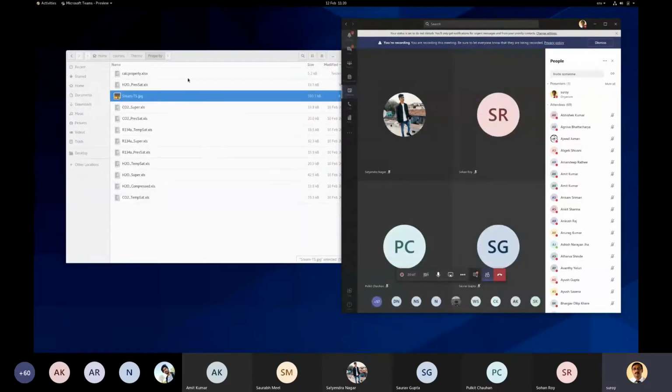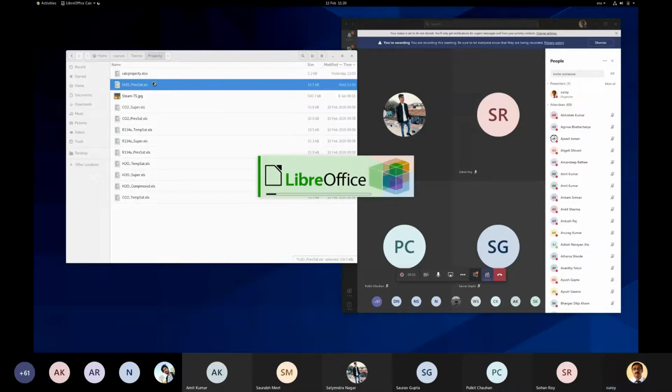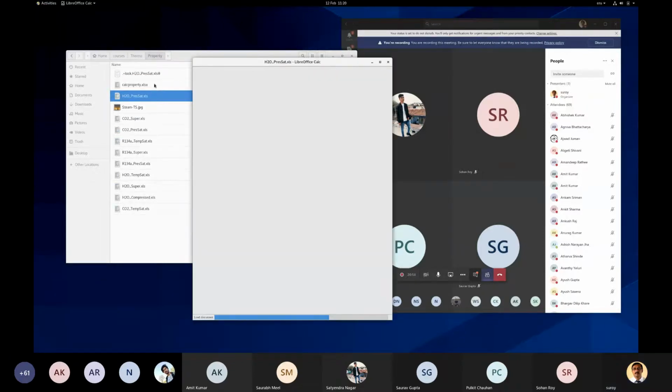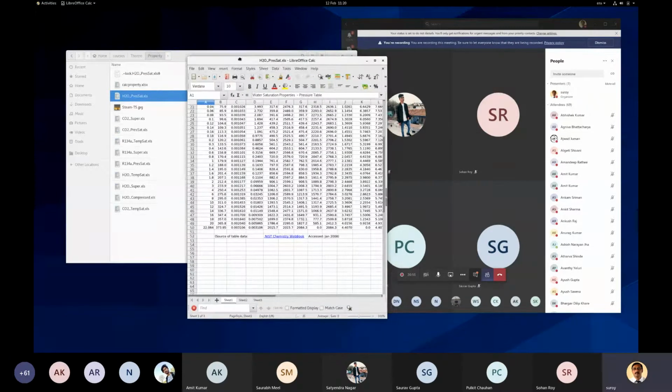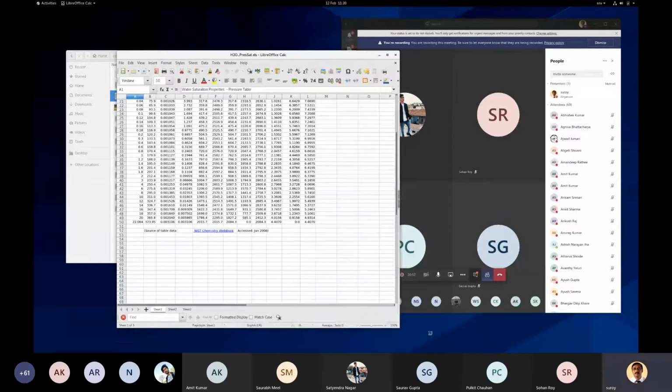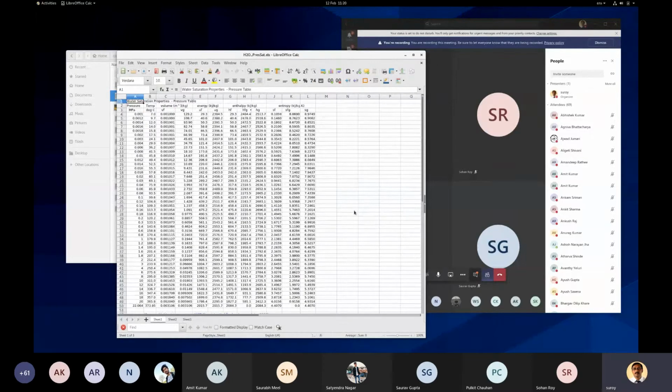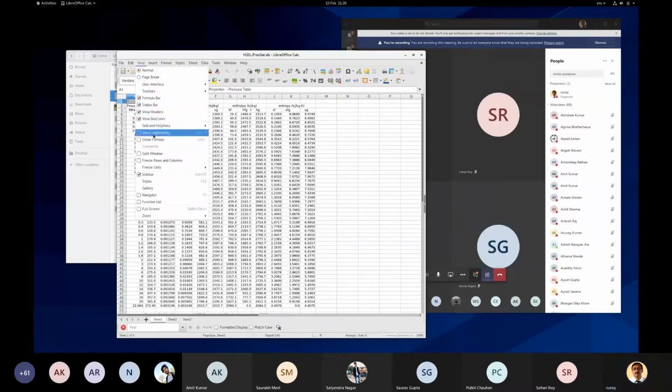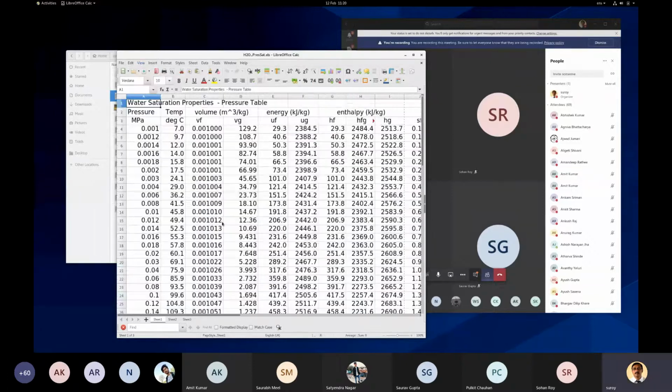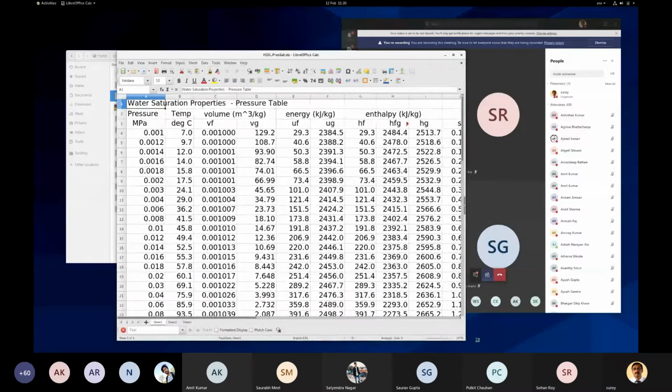So if we look at this here, this is the H2O saturation table.